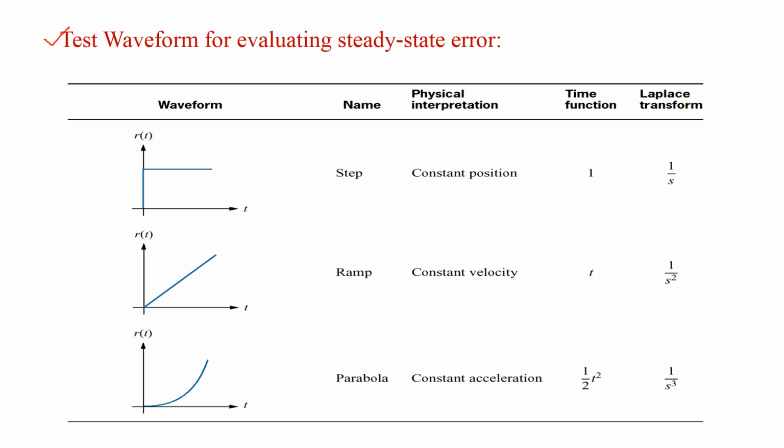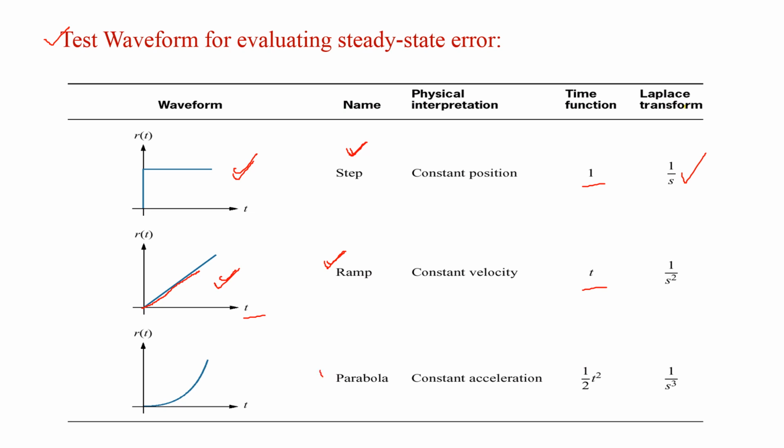First one is the step input. This is the representation of the step signal; the time function is 1 and the Laplace transform of the step input is 1 by s. Similarly, the second one is the ramp signal, which starts from 0 and increases linearly with time. The time function is t and the Laplace transform is 1 by s square.